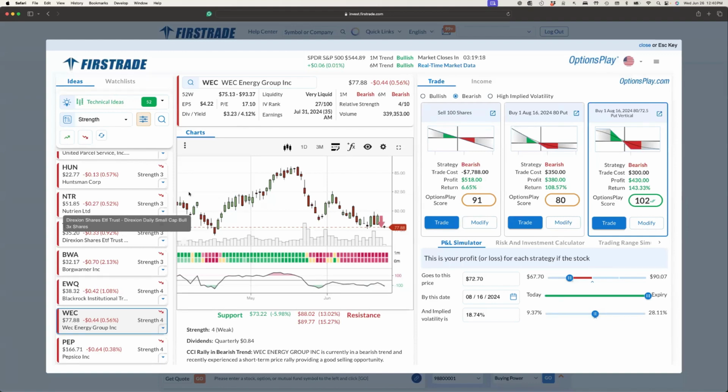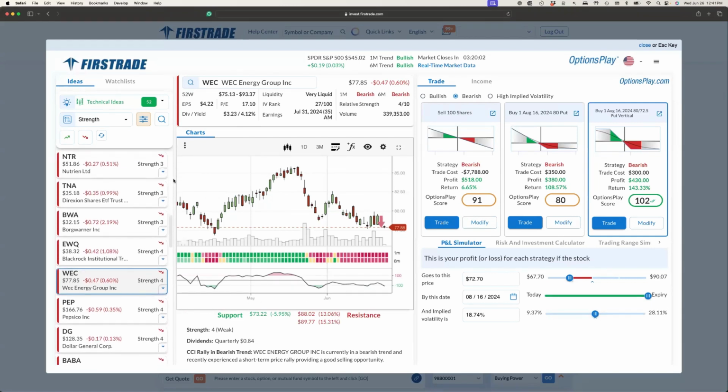You can go into your first trade accounts, look for these trading setups, look at exactly what I'm looking at, and see which ones you would trade, which ones you wouldn't, and really take the time to look at some of the charts that I shared with you here today. That's going to help you become a better trader. Once you get used to looking at these charts, you will within a couple of seconds identify where there are some of the best opportunities to trade some of these ideas.